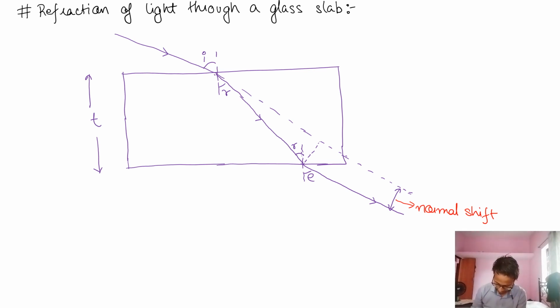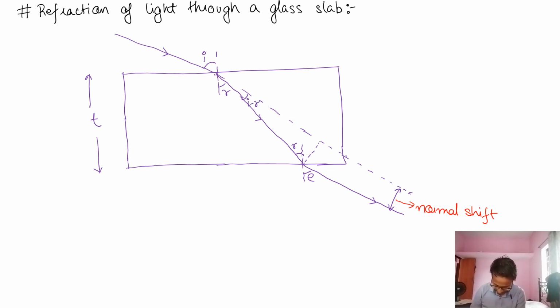Now see, if this angle is R, how much is the entire angle? This entire angle is nothing but I. So if this entire angle is I, how much is this much distance? This much distance is nothing but I minus R.